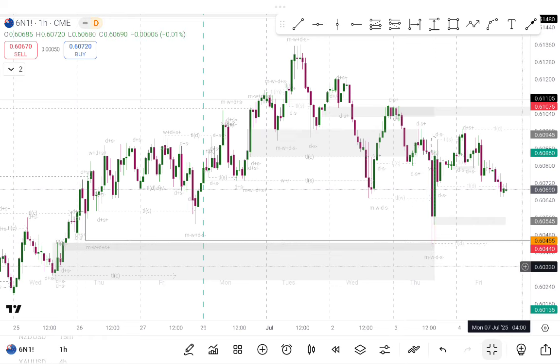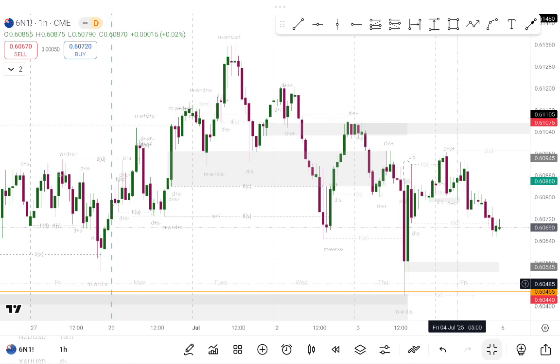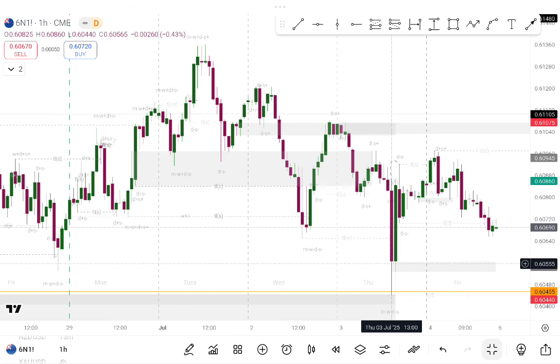And then what I waited for is that you wait for price on 1 hour time frame to close. That means on this chart, this particular one here, you wait for this 13 o'clock candle to close.